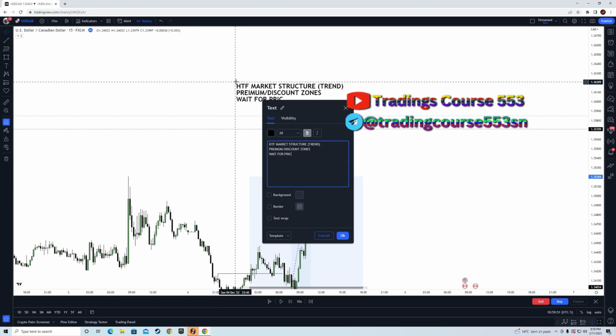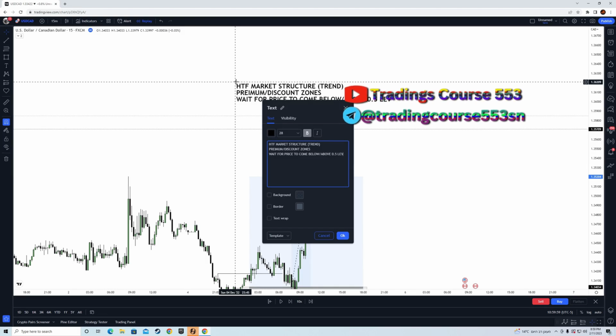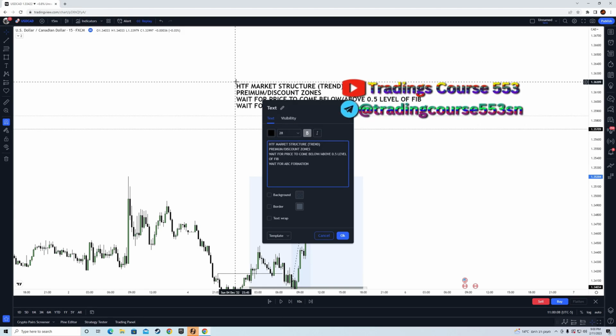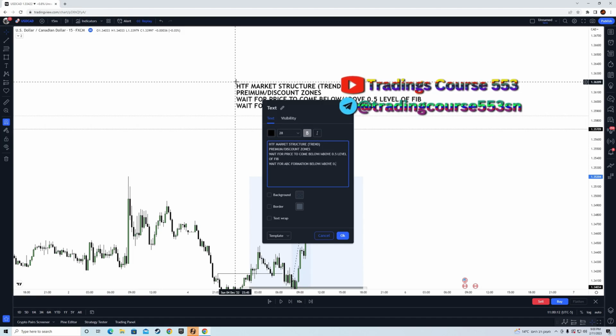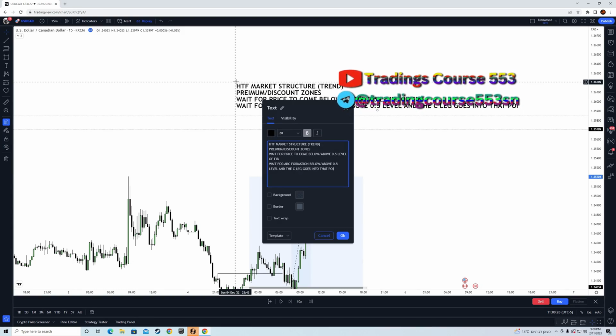Wait for price to come below/above the 0.5 level of the fib. Wait for ABC formation below/above the 0.5 level, and the C leg goes into that POI.